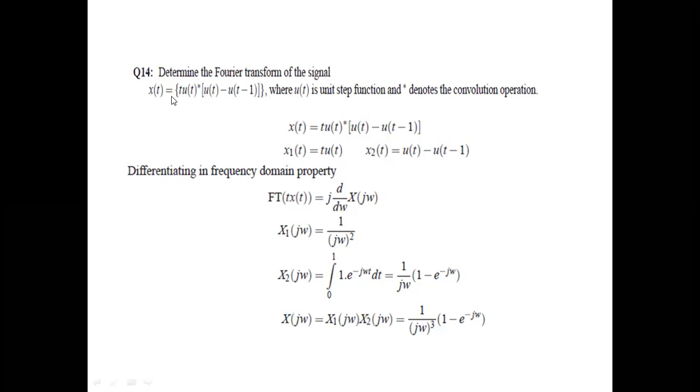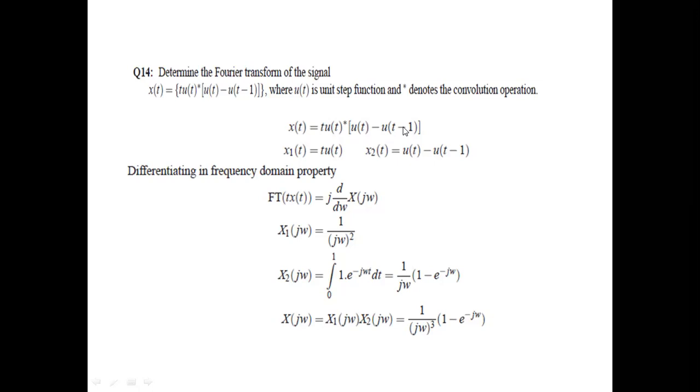So I'm taking x1 of t and x2 of t as the two terms. x1 of t is t into mu of t, and x2 of t is mu of t minus mu of t minus 1.